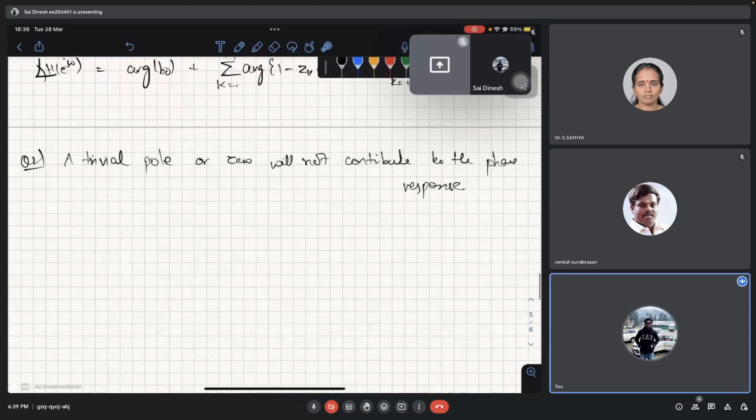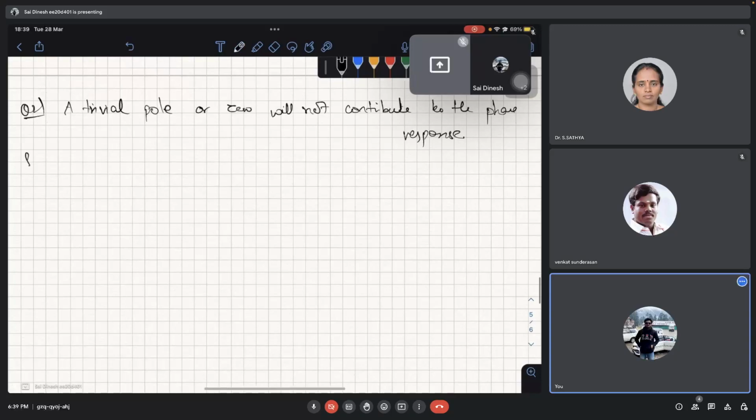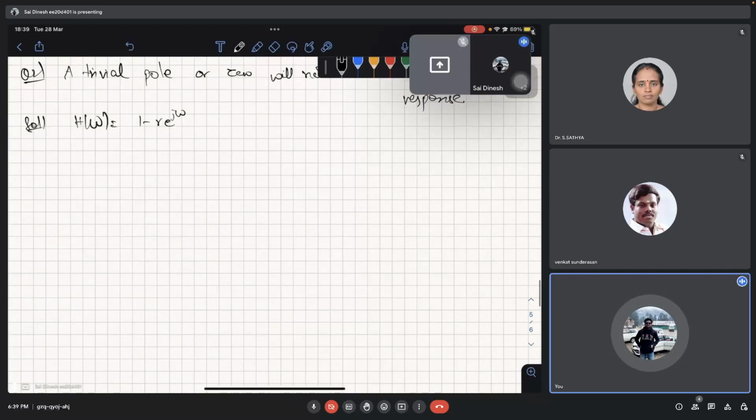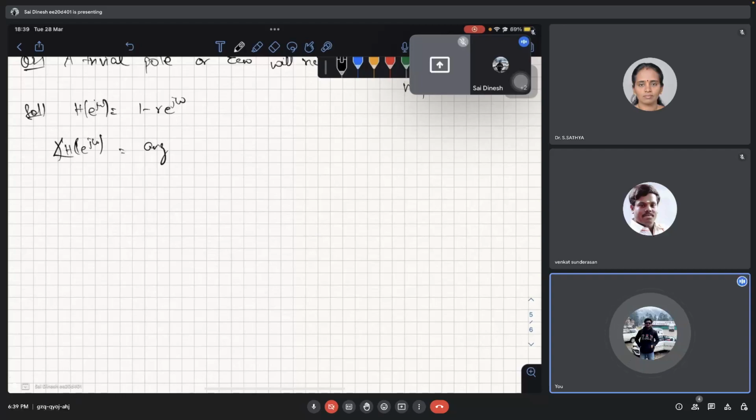So again, for 1 minus r e^(jω), the angle is arg of (e^(jω) minus r) minus arg of e^(jω), right?